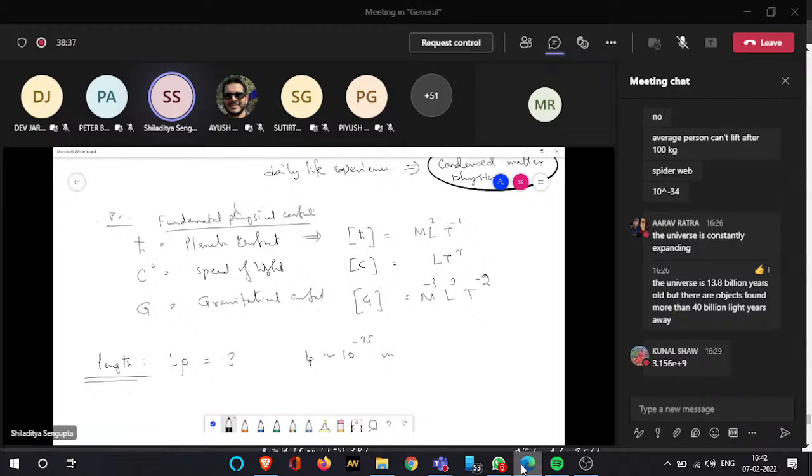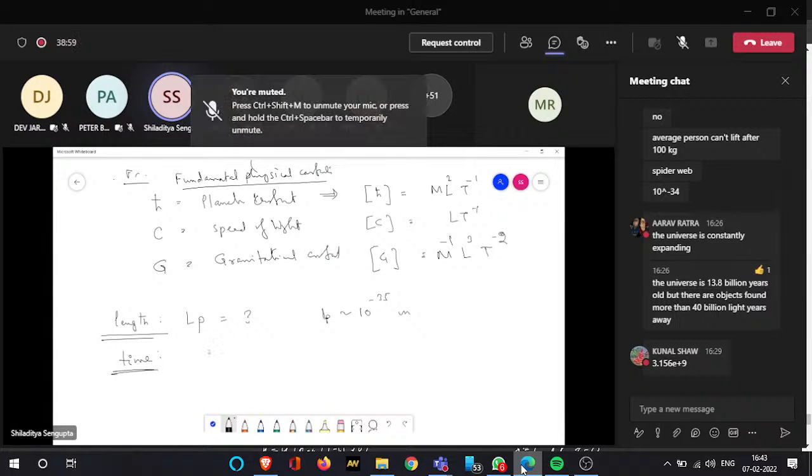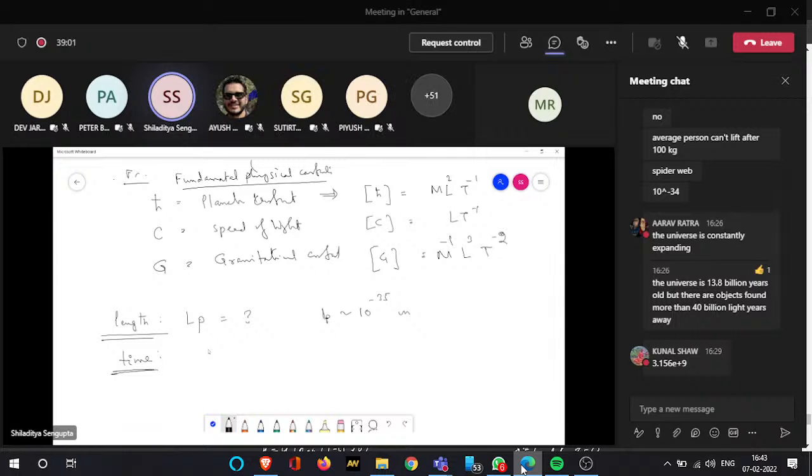And similarly, you can get a time. You see these are made of M, L and T, so you can invert it and express M, L and T in terms of h-bar, c and G. Then there is something called the Planck time, which has a value of the order of, when you plug in, this.